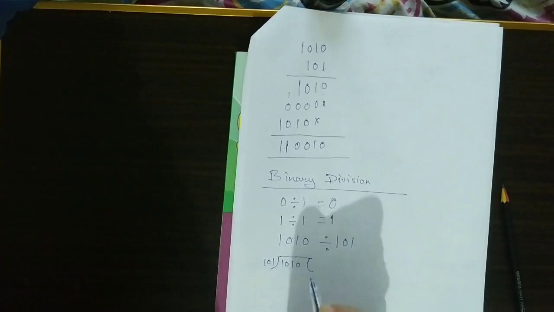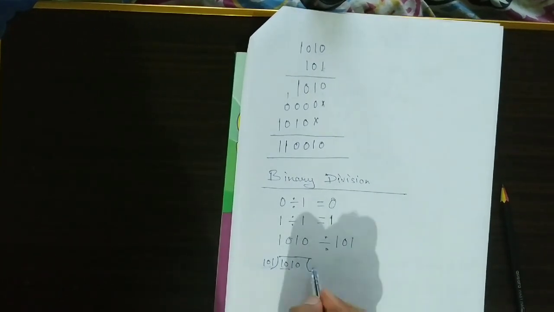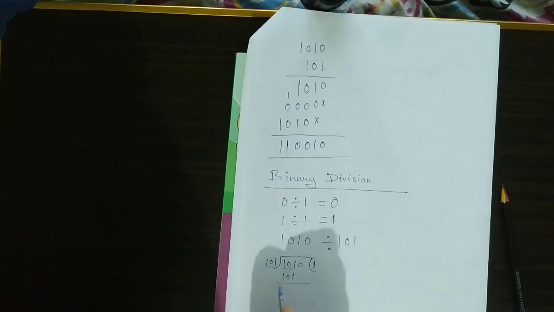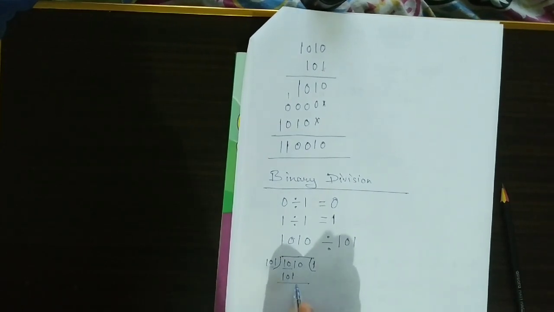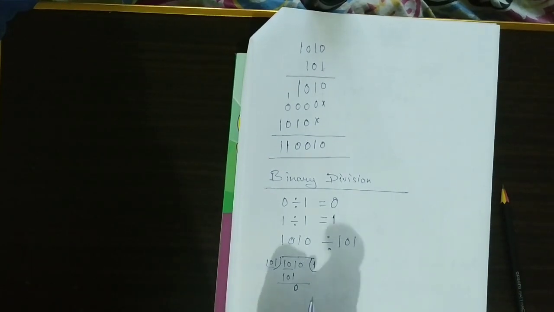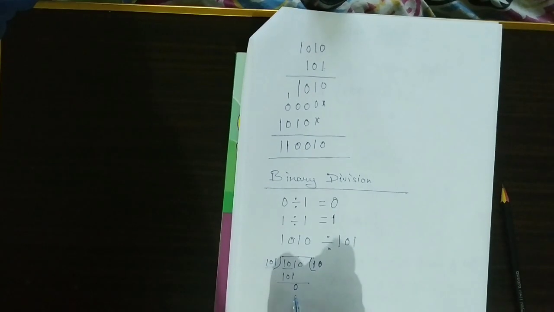As you do in mathematics, 101 into 1, 101. This is 0 and 101 zeros are 0.